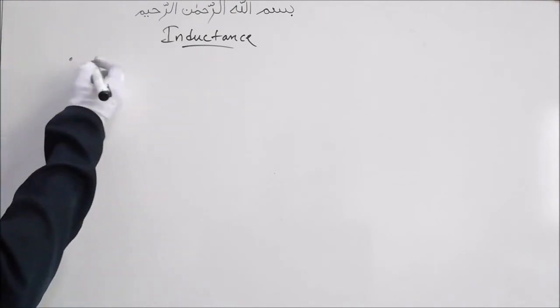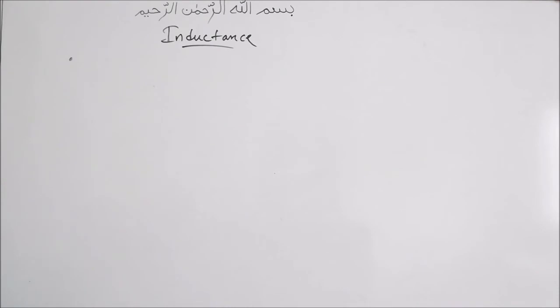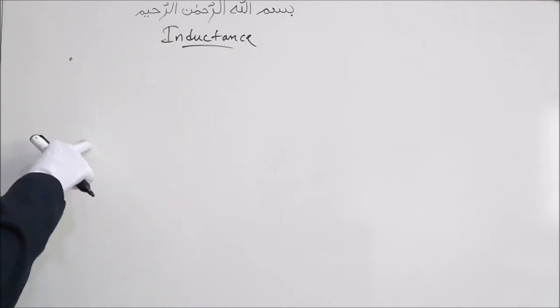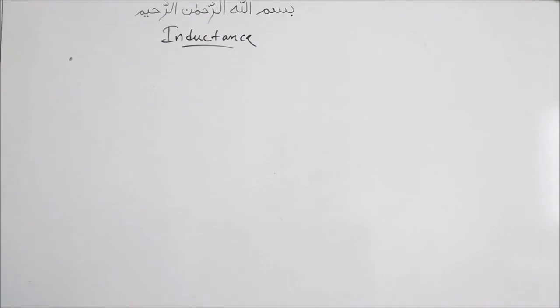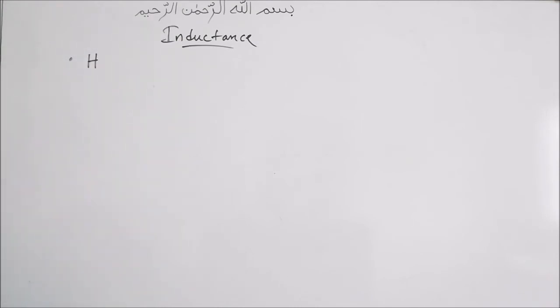Where if you pass current in the primary, then current will be produced in the secondary coil. How? Because the magnetic flux of the primary gets linked with the secondary coil, and a current is produced in the secondary coil. The unit of inductance is Henry, H, which is a scalar quantity.